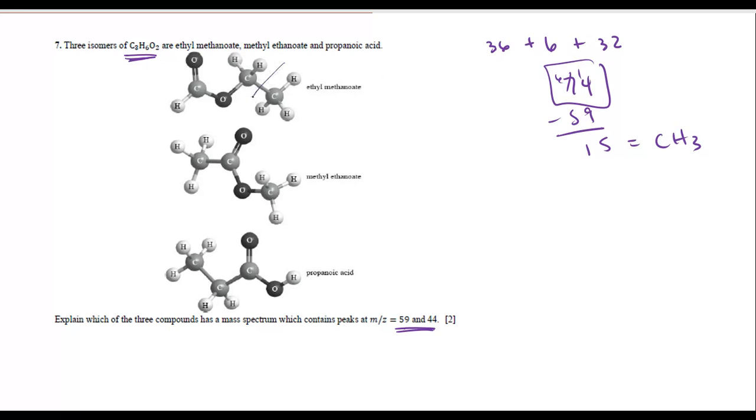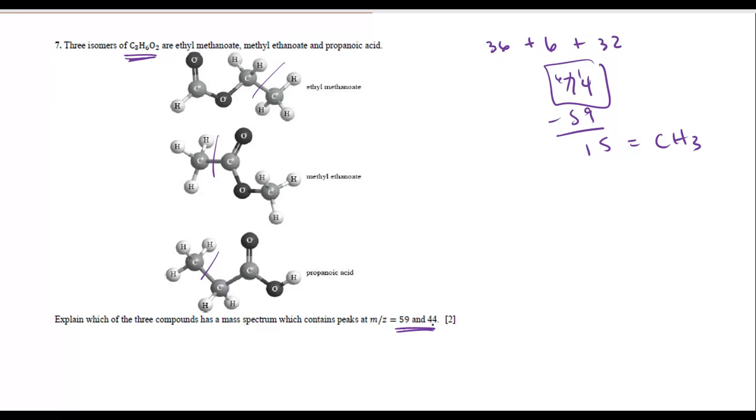So carbon times 3 is 36, plus 6 hydrogens plus 32 is going to give me 60, 72, 73, 74 is our molar mass. 74 minus 59 is going to be 15, which I happen to know is CH3. So I definitely want something that has a methyl group, and interestingly, they all have methyl groups. So that's not so much a help.